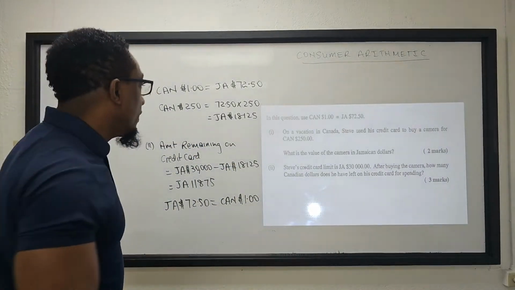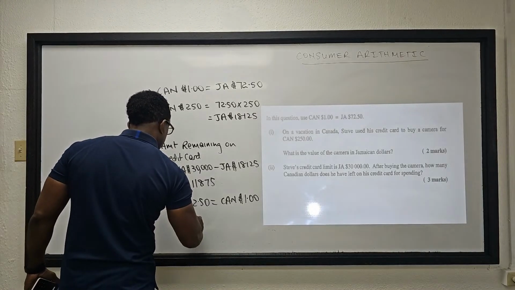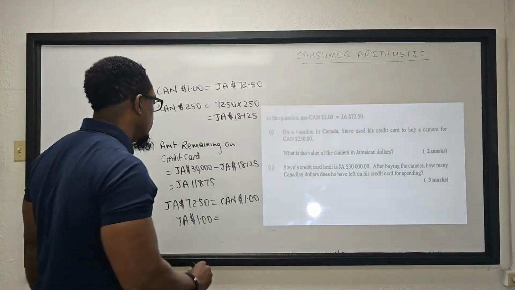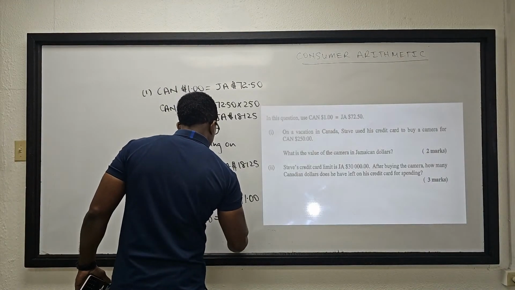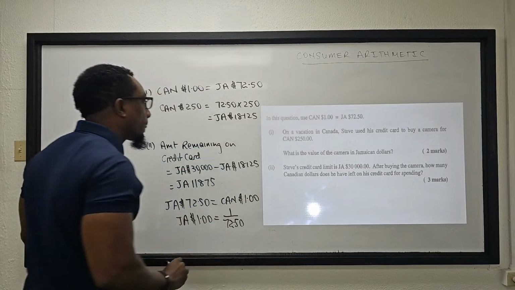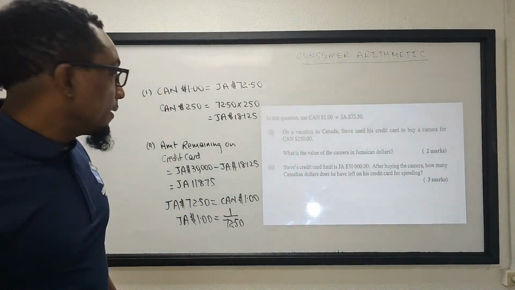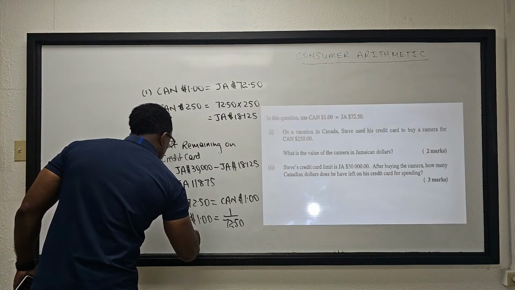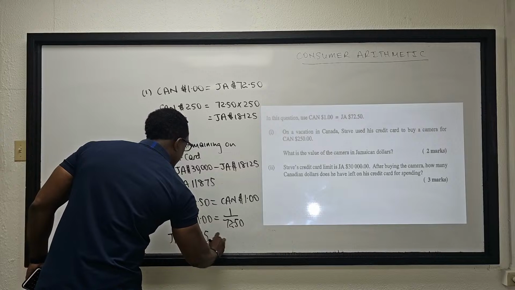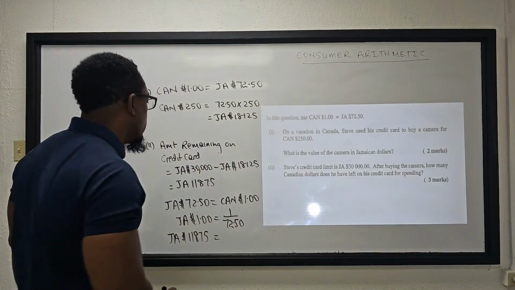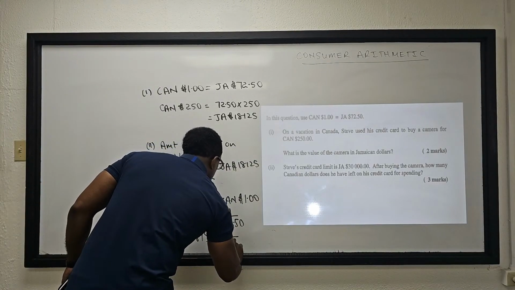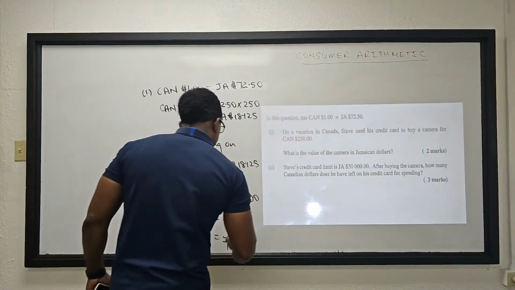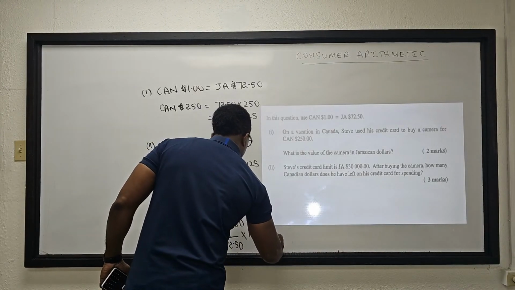So therefore Jamaican $1 will be 1 all over $72.50, and therefore Jamaican $11,875 will be equal to 1 all over 72.50 times 11,875.